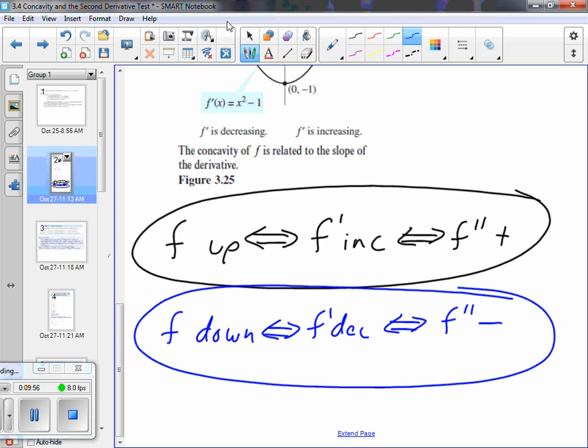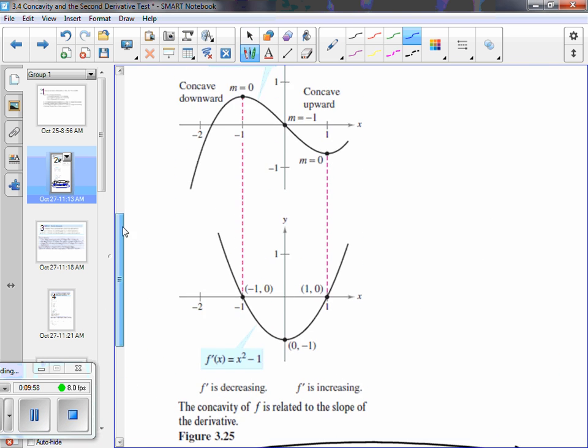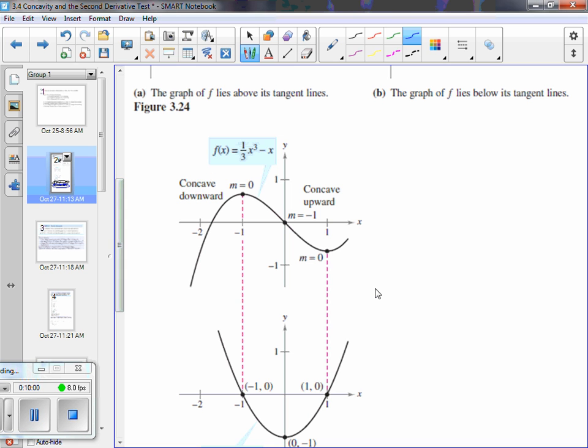Okay. Now, this graph here that I kind of skipped over, but look what's going on. Here we've got an increasing function, but what I want to concentrate on right now is the concavity of that function right there is downward, isn't it? And it's still concave downward.